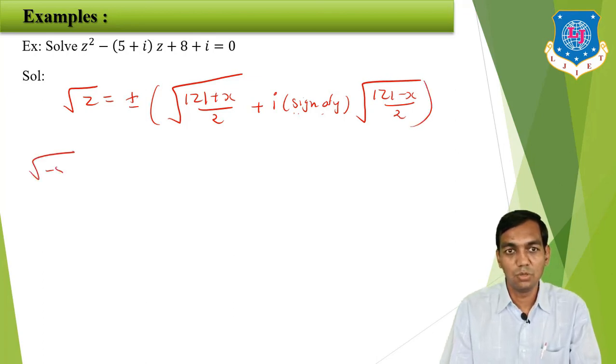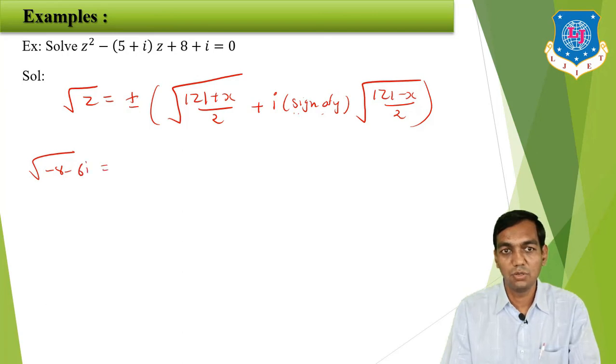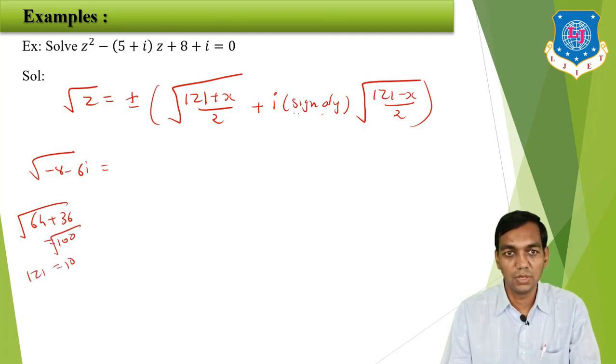Now, in the above sum, we had to find the square root of minus 8 minus 6i. Correct? So mod of z will be 8 square 64 plus 6 square 36, that means 100, and square root of 100 will be 10. So mod z will be 10 here.